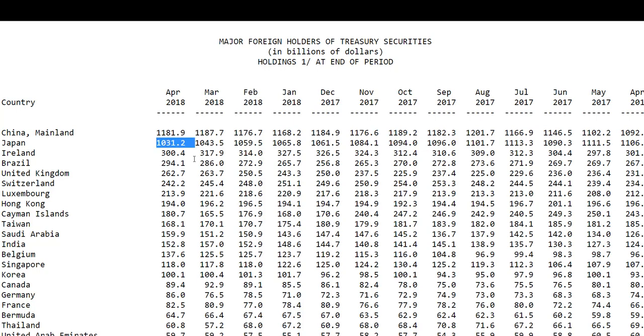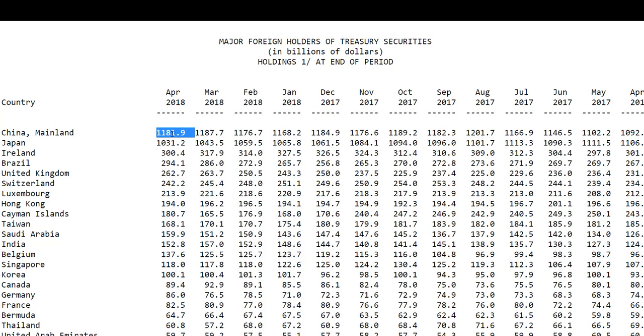Japan is second, with about $1 trillion. And then, relatively far away, lending much less than China and Japan, is Ireland, with $300 billion. Brazil, 294, UK, 262.